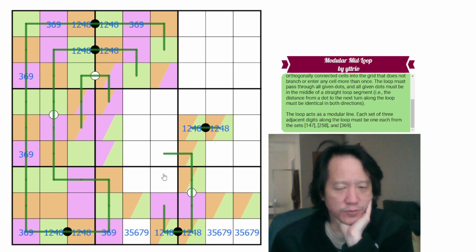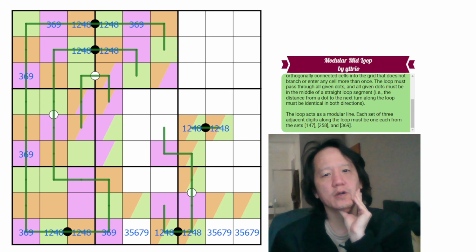If it goes this way, that's interesting. Then this would be pink. The problem is this part has to get out then. So this one has to go up. So then this would have to go up here.